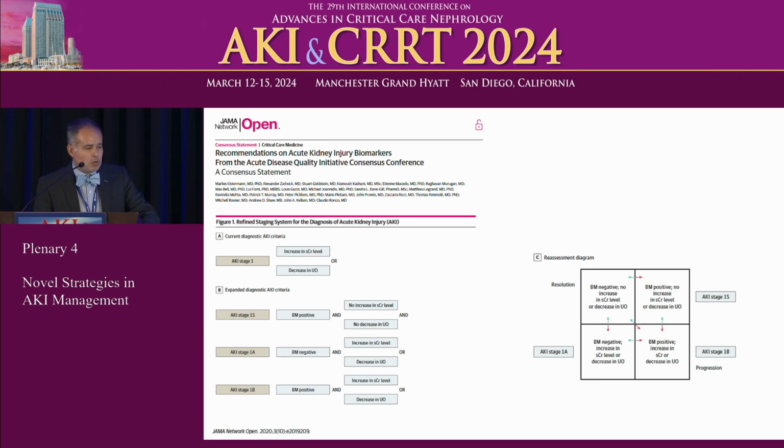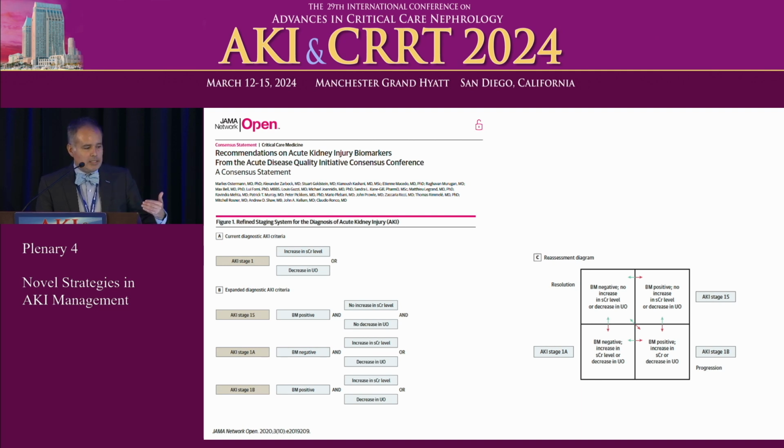It has been proposed to move from the current AKI criteria, which only take into account serum creatinine and urine output, to more expanded AKI criteria, where you have 3 stages. In stage 1, there would be 1S, which is subclinical AKI. That's when you have a biomarker positive, but there is no increase in serum creatinine and no decrease in your urine output.